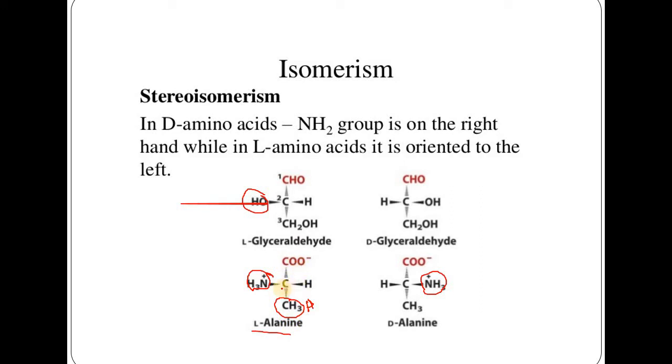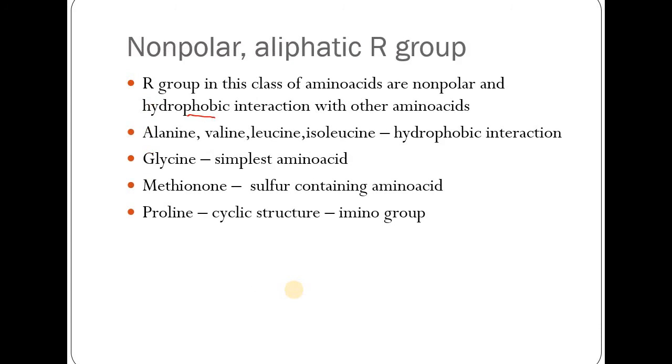Most amino acids have a chiral center, but glycine doesn't have a chiral center because of the two hydrogens. Only if all the groups attached to the carbon are different will the compound exhibit the property of a chiral compound. But here you have two hydrogen atoms attached to one single carbon, so glycine doesn't have a chiral carbon.